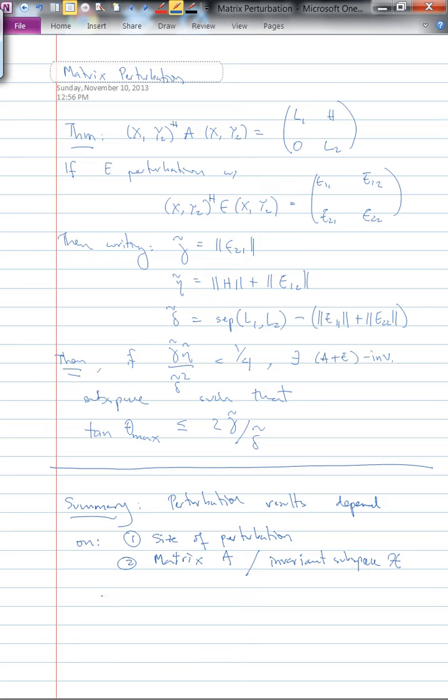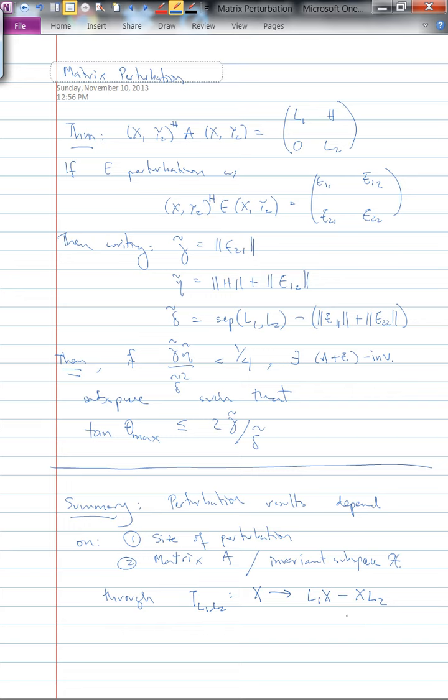And it depends on those through this quantity, the separation of L1 and L2. And let's remember what that is. So recall that we defined the operator T as the operator that maps the matrix X to L1X minus X L2.